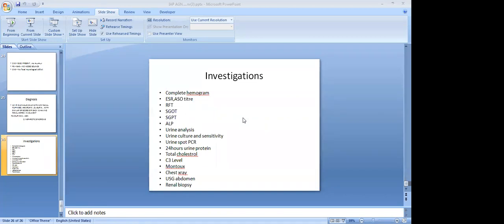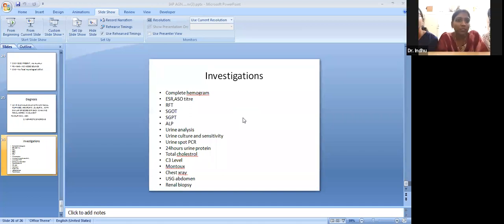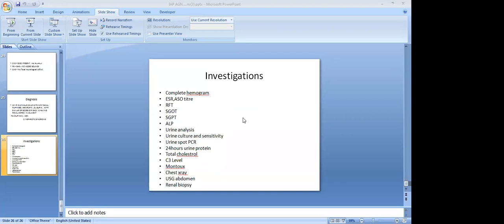Fine. How will you follow up this patient now? Regular BP monitoring of this patient, urine albumin and urine analysis. Yeah. So all the indications for biopsy you said, no?